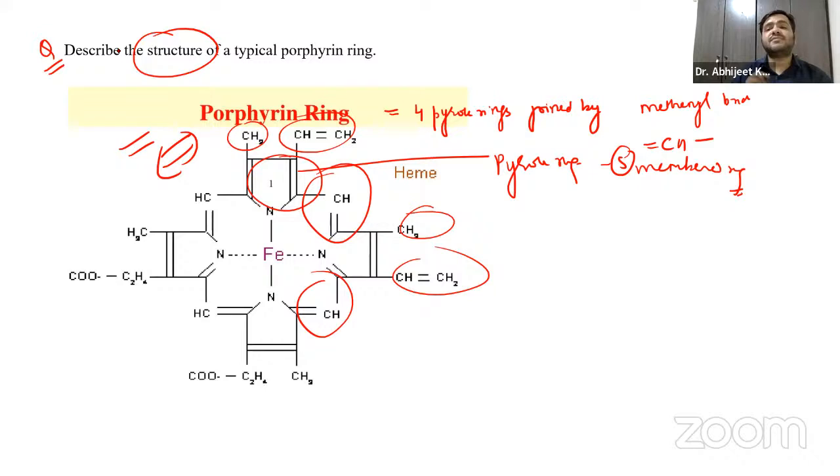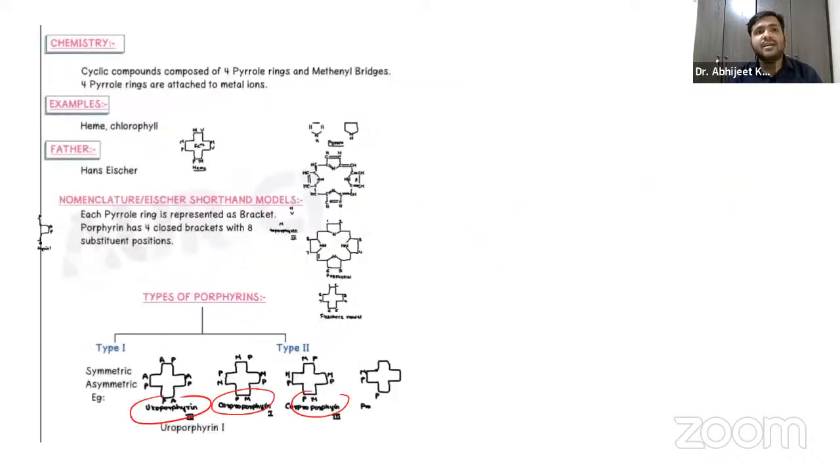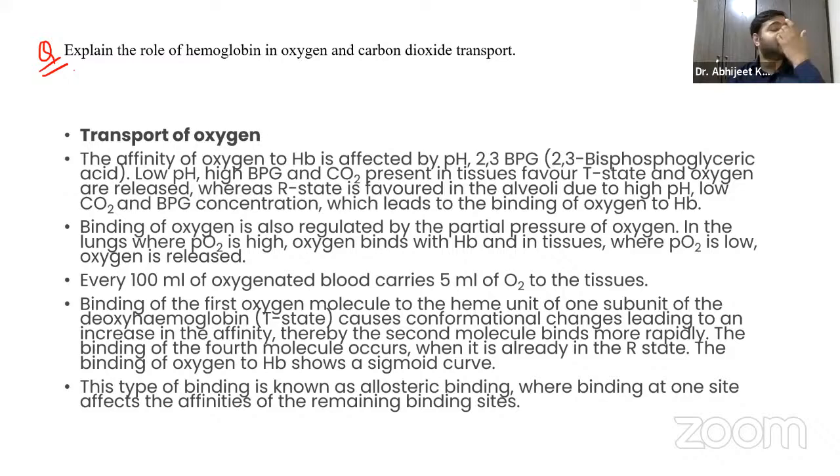Wherever the word structure is there, you have to draw the diagram in that case, right? Even in this, the role of hemoglobin in oxygen and carbon dioxide transport, you have to first make the flowchart, and then you can write the relevant points according to that.